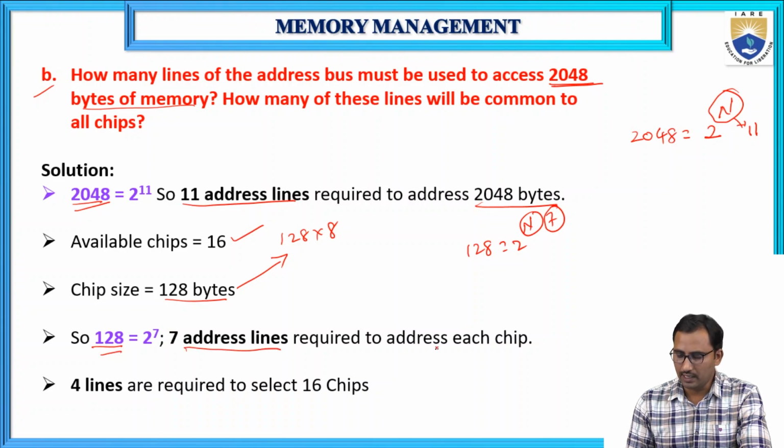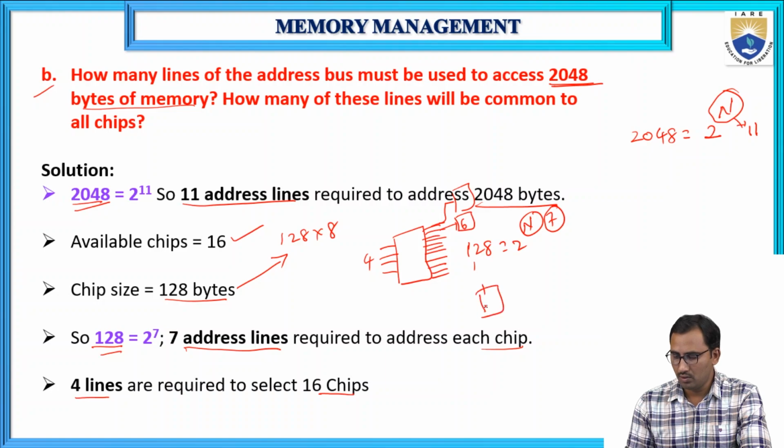So 7 address lines are required to address each chip and 4 lines are required to select the 16 chips, because in total we have 16 chips. Using a decoder we can select all these. So 4 input lines are there and 16 output lines are there. Every output of this 4 by 16 decoder will be connected to one memory chip. So this is chip 1, chip 2, like that, chip 16.